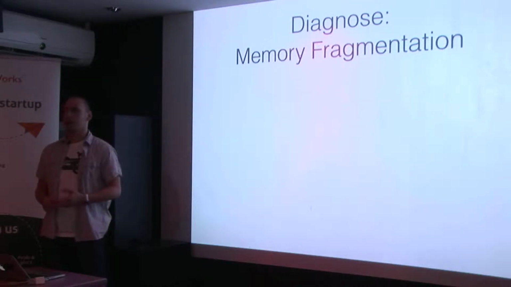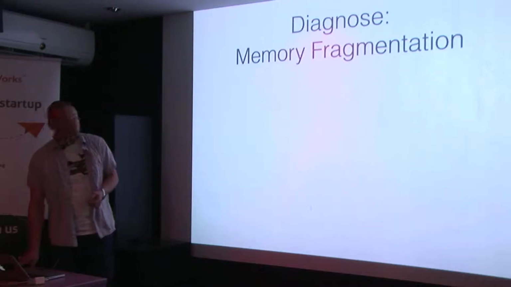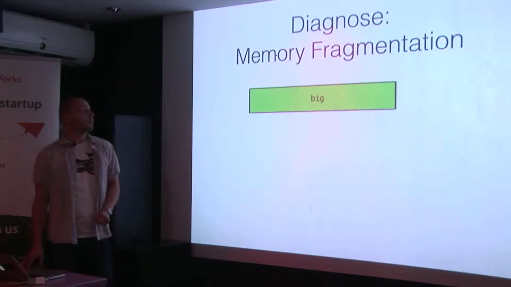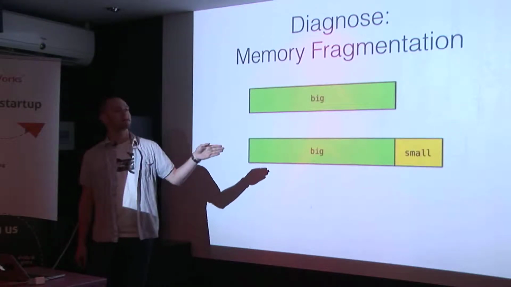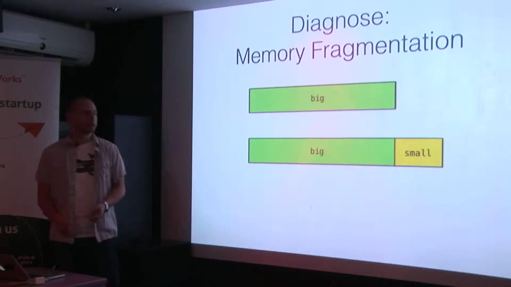You can imagine the heap is a continuous memory space that's allocated only from one side, let's say the right side. So you allocate a big chunk of memory there, and then you allocate some small ones, but it can grow only from one side, and it can shrink only on that side.